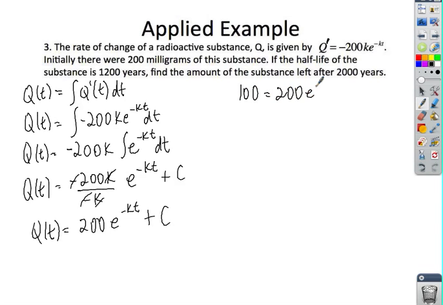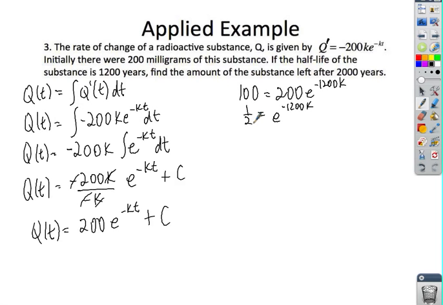We want to find out what the k value will be, and we know that t is 1200, so negative 1200k. This will be 0.5 is equal to e to the negative 1200k. Actually, I'll rewrite this as 1/2. It's the same thing.